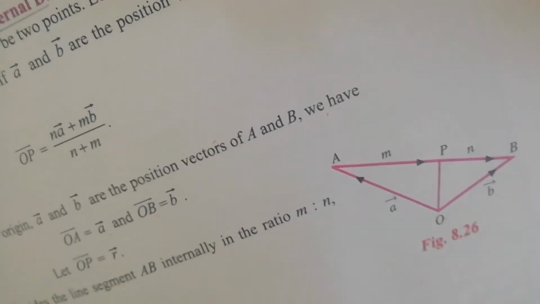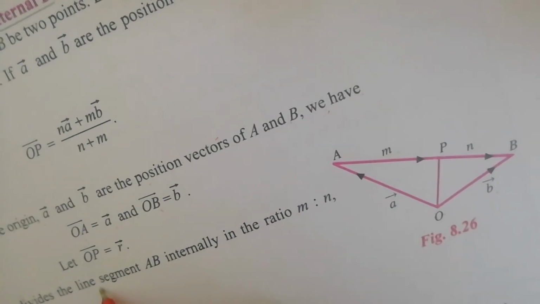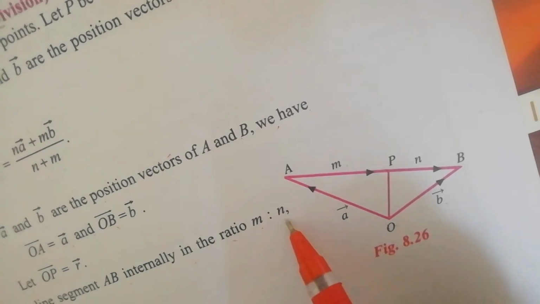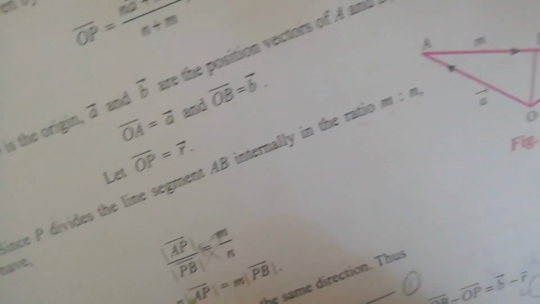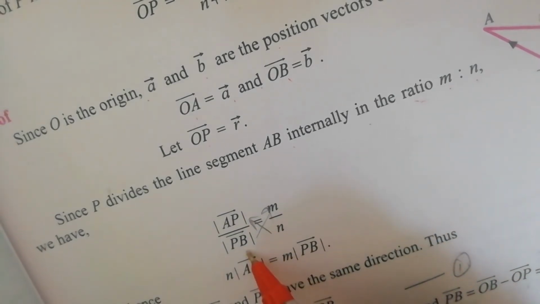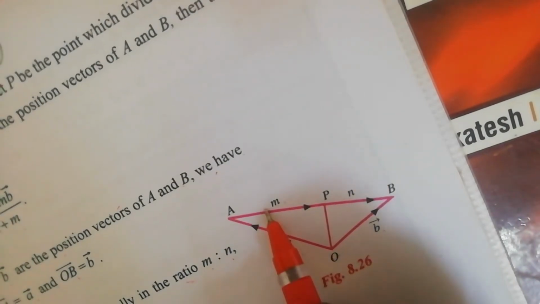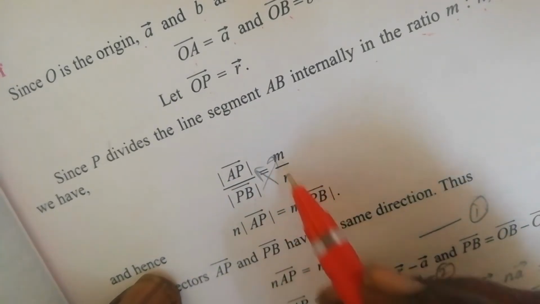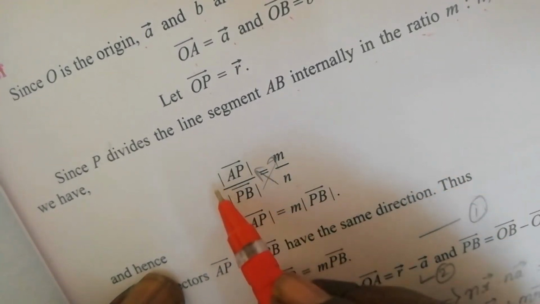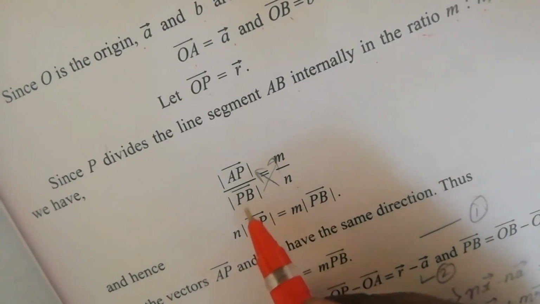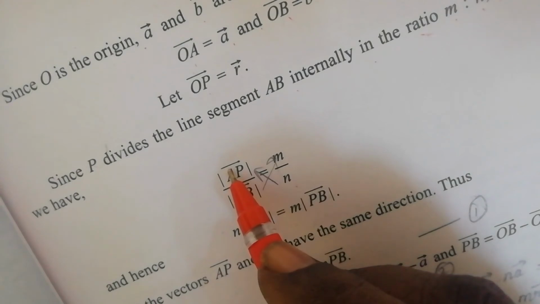What is given? P divides the line segment internally in the ratio M is to N. So AP is equal to M, BP is equal to N. So you can write like this: AP vector divided by BP vector equals M by N. Suppose you can take the modulus symbol, because if minus also comes you can get a plus value.